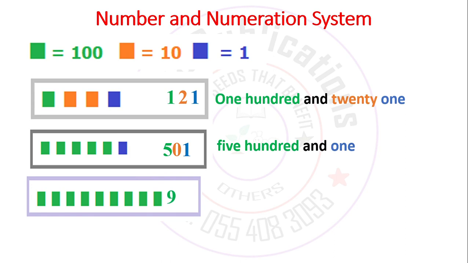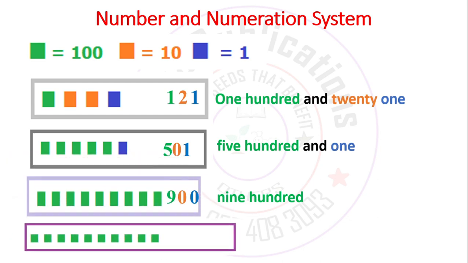How many 10s? 0. How many 1s? 0. So we have no problem. We simply say 900. There is nothing there, so we are not going to say anything else in addition to it. If there were only one of the green, we would say 100.